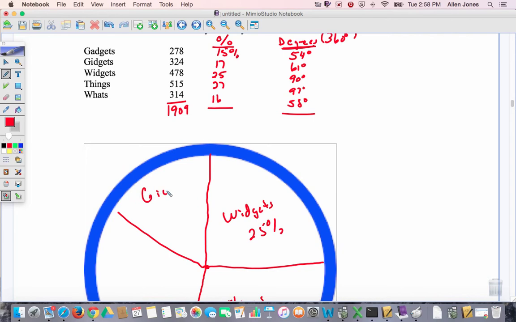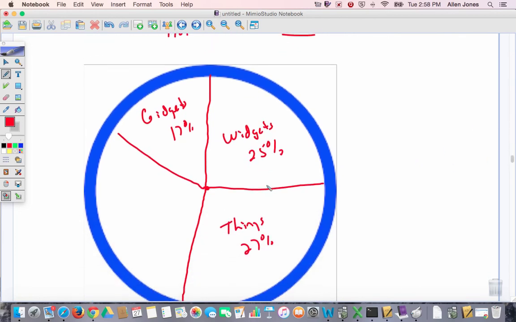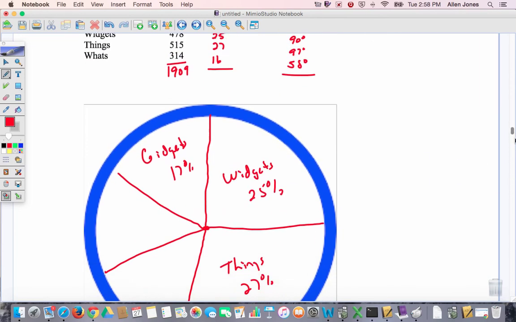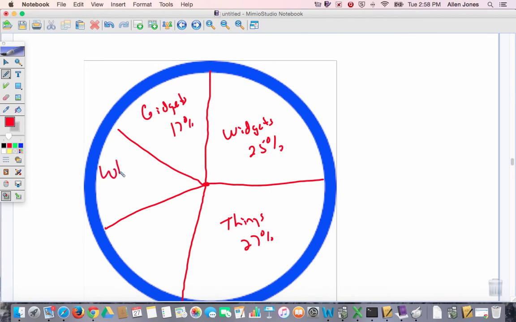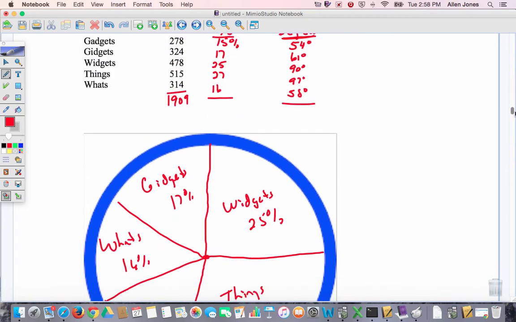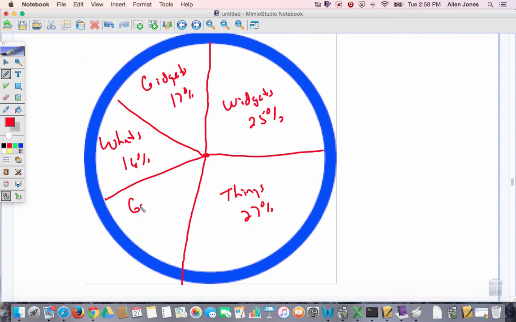So we're going to go with a 61-degree angle to be the Gidgets at 17%. We have a 58 and a 54-degree angle left. So we'll go 58 degrees here. That was what? 58 degrees was the what's at 16%. And our last one was something at 15%. I can't remember what it was. It was the gadgets at 15%.